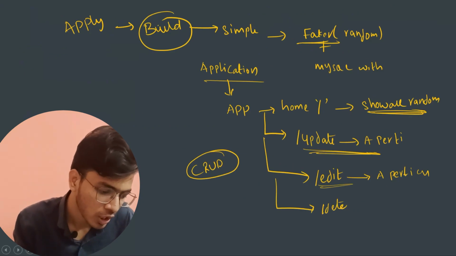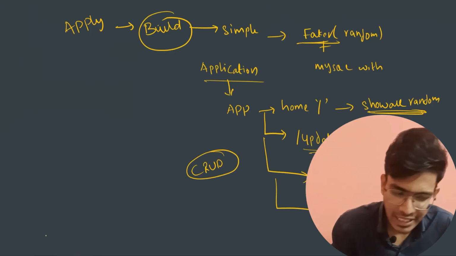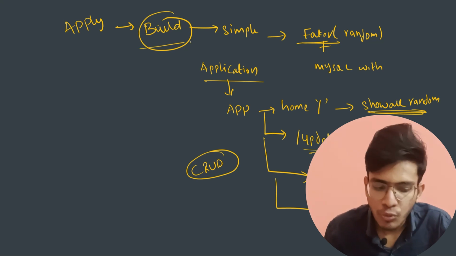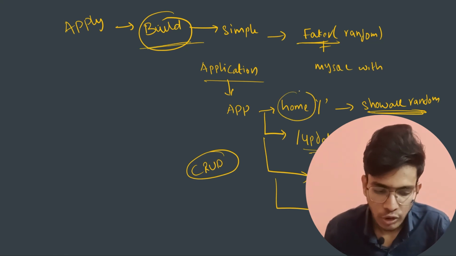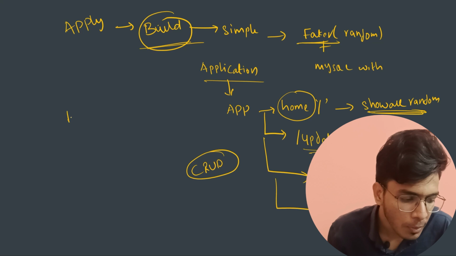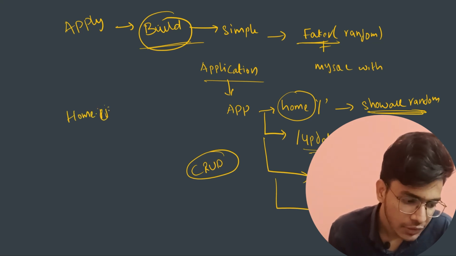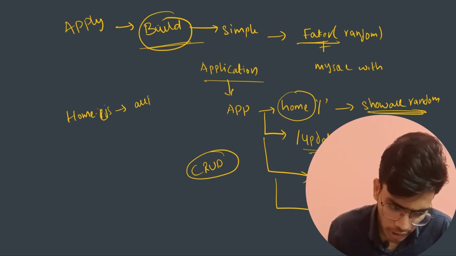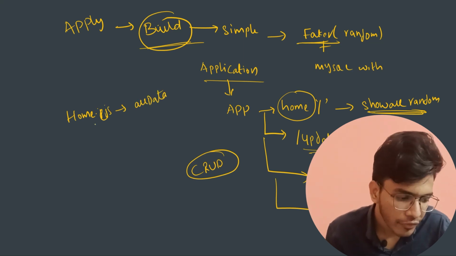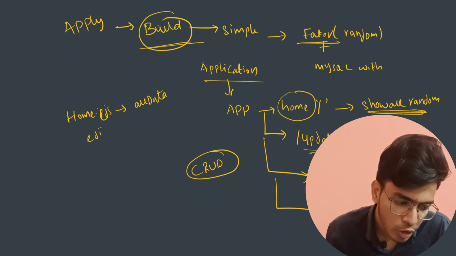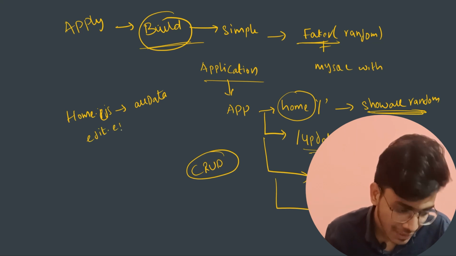So let me go back to my application, but before that, let me tell you the EJS structure as well. We are creating an application in which we show the data. For this, I will create a home.ejs file. This will show all data, whatever the randomly generated data. Now if I want to edit, then I will go to a page called edit.ejs.